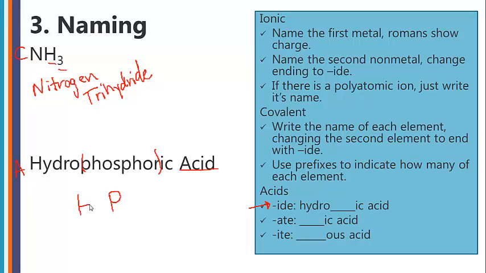This is an acid, so it starts with an H. Now we just have to double check our charges. Whenever you have an acid, you need to check the charges just like a covalent, or just like an ionic compound. The charge on hydrogen is +1. The charge on phosphorus is -3. Whenever you crisscross, your final formula is H3P, hydrophosphoric acid.